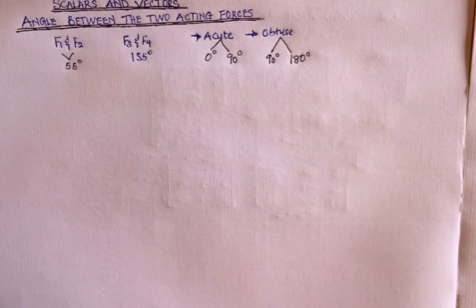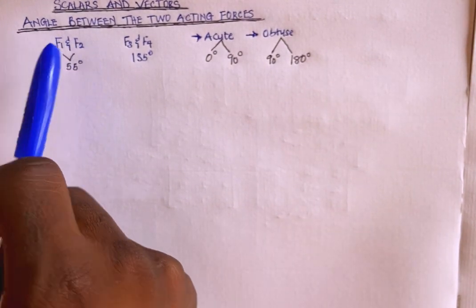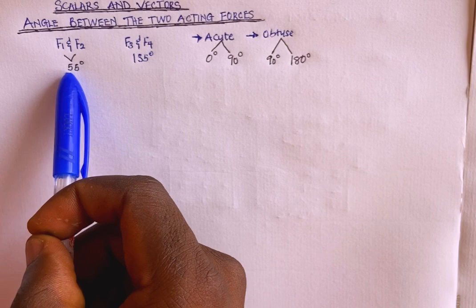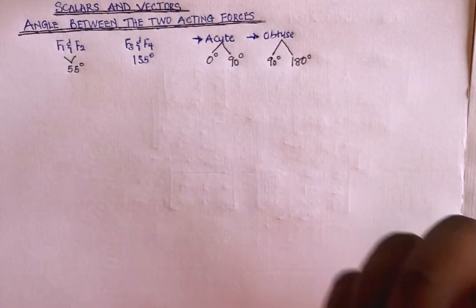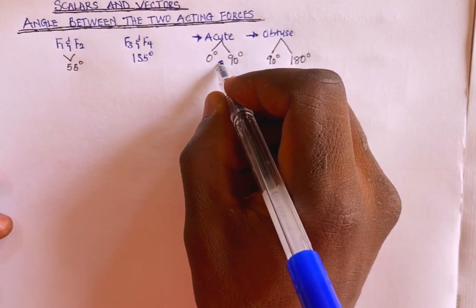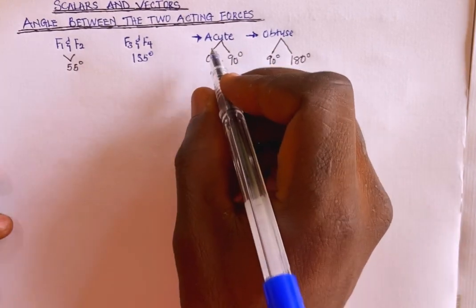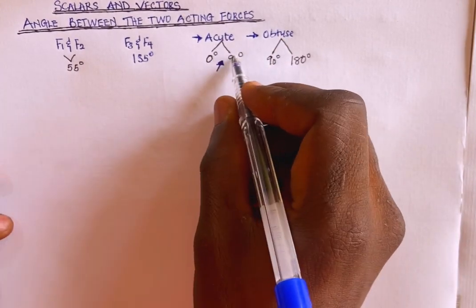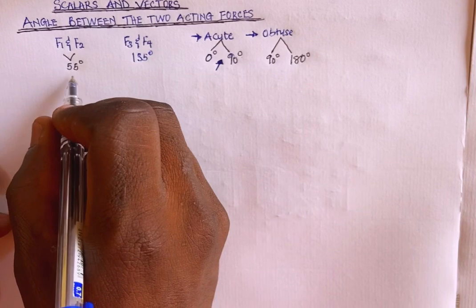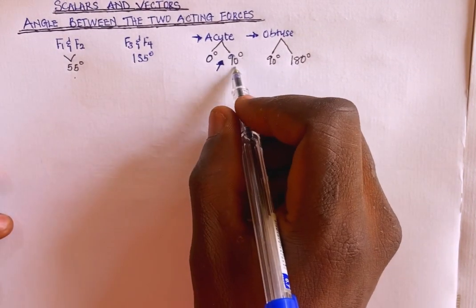So if you look at this very well, force F1 and F2 are acting at angle 55 degree. That means the diagram is going to be in form of what? Of acute angle, right? Because acute angle is between 0 and 90 degree, and our 55 lies between 0 and 90 degree.